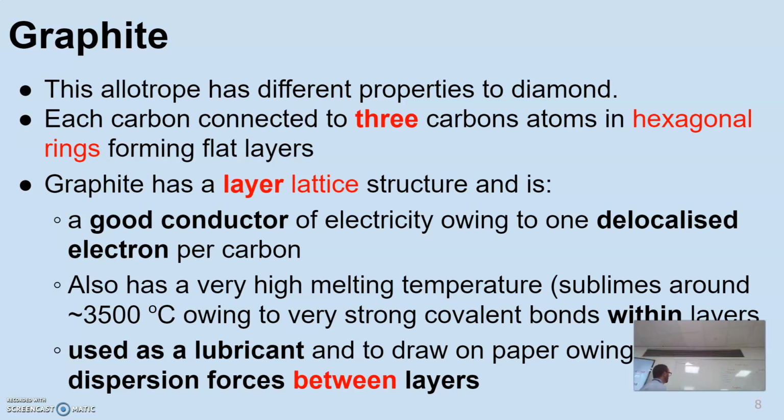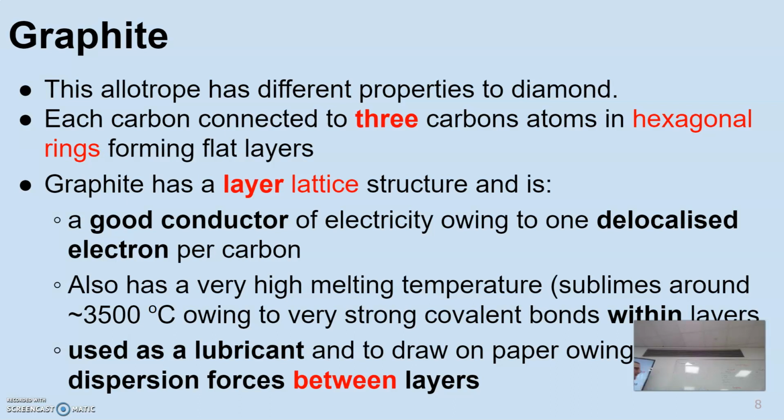What type of bond do we expect that to be? What type of bond? Dispersion forces, yeah. Right, so we've got strong covalent bonds within layers, weak dispersion forces between layers.